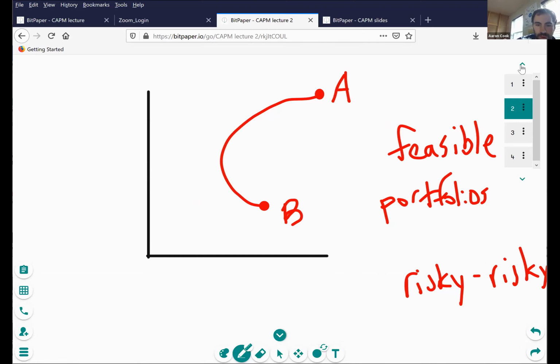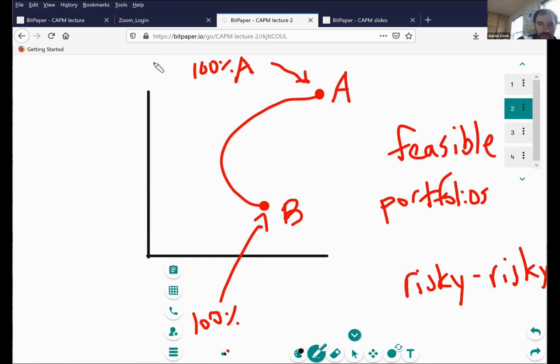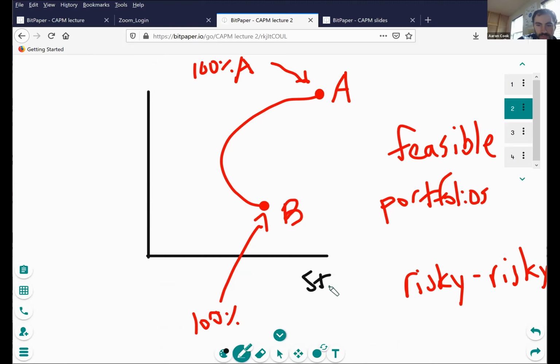So this red dot up in the northeast corner, that's all portfolio A. That's 100% A. And then this one down here was 100% B. Both of these are risky assets, and so they have some positive standard deviation and some positive expected return.